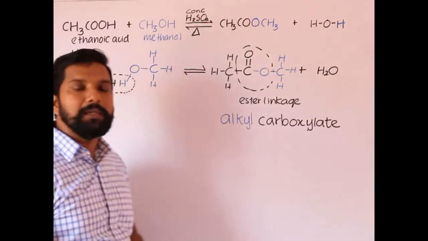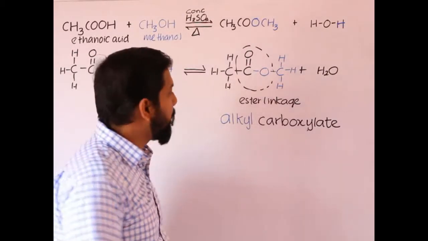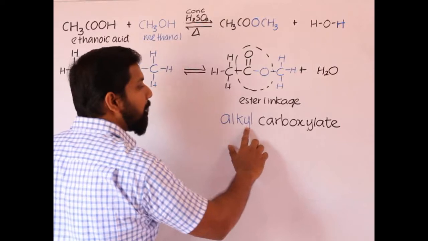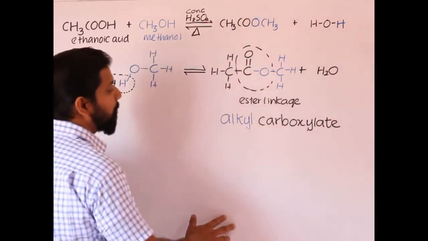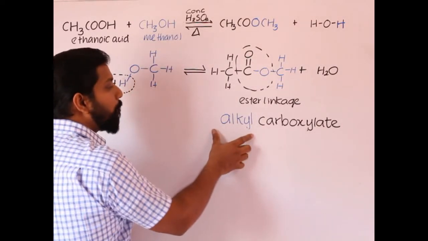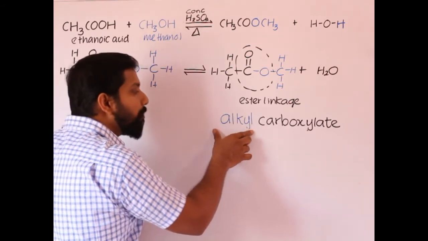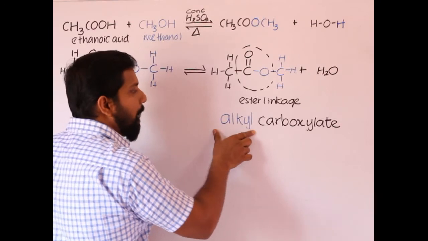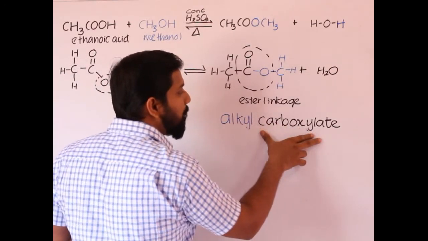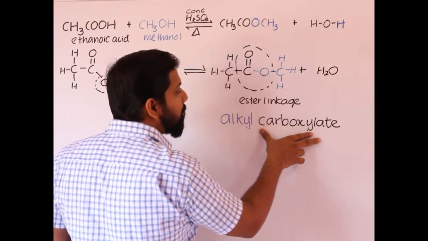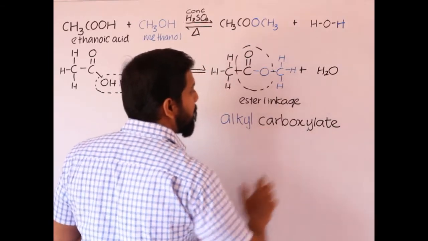The name of the ester follows this basic format. It is alkyl carboxylate. Whatever part came from the alcohol will be written first with the suffix "-yl", and the part that came from the carboxylic acid is written with the suffix "-oate".